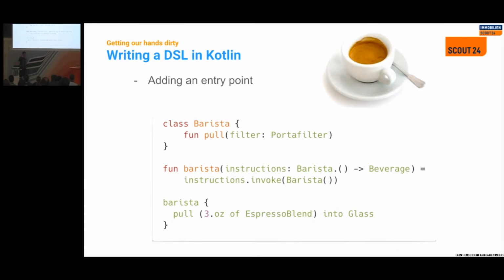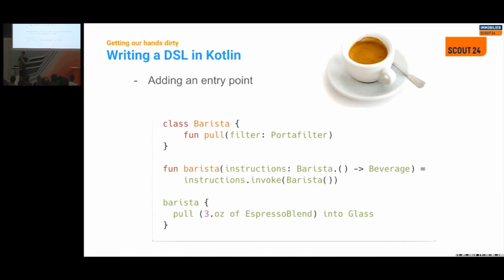Now we have to think about how we actually enter our DSL in our project. And for this, a very handy Kotlin feature comes to help, which is function literals with receiver. This is basically a function you pass in as a parameter, which is executed on a specific object.